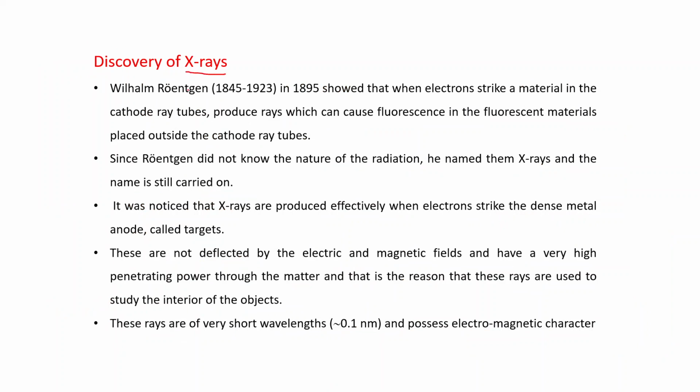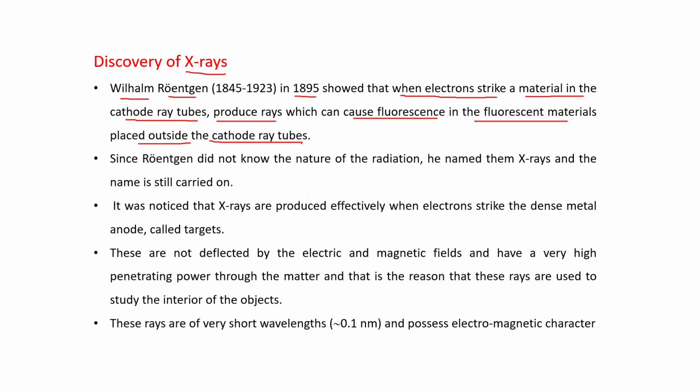Discovery of X-rays. Wilhelm Röntgen in 1895 showed that when electrons strike a material in the cathode ray tubes, it produces rays which can cause fluorescence in fluorescent materials placed outside the cathode ray tubes.